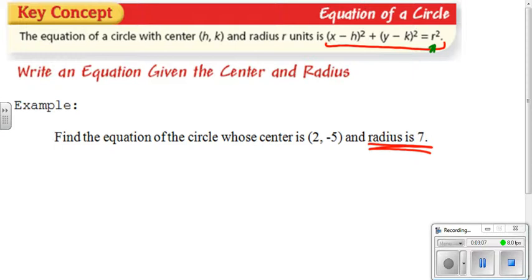So for writing out our equation, I'll pull it over right over here. We plug in 7 to our r value. Well, we also have our parenthesis values over here, and those are each squared.